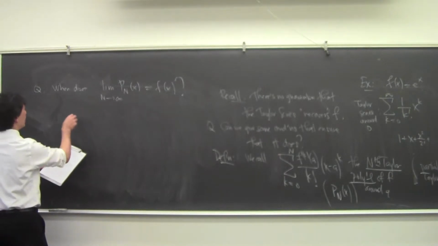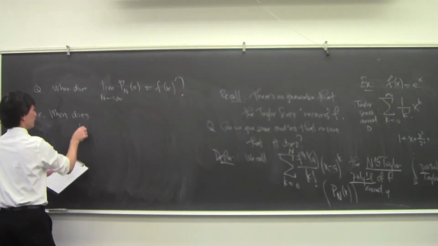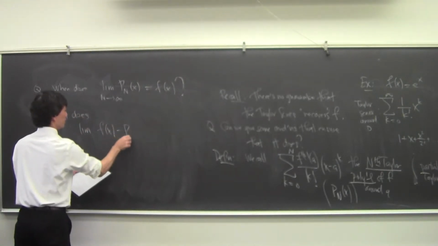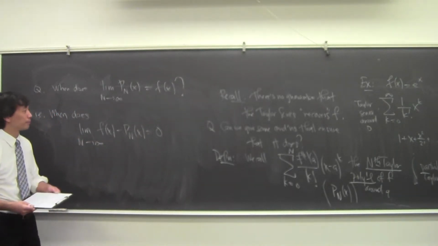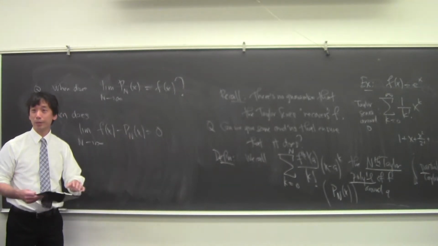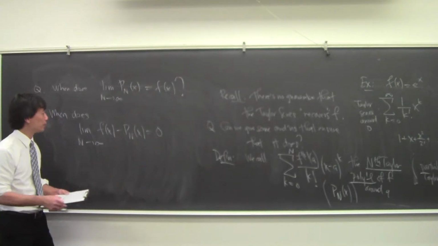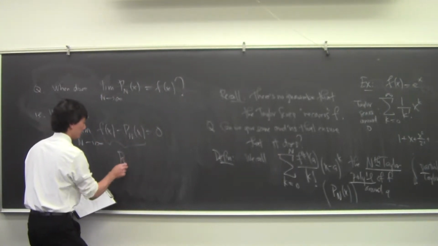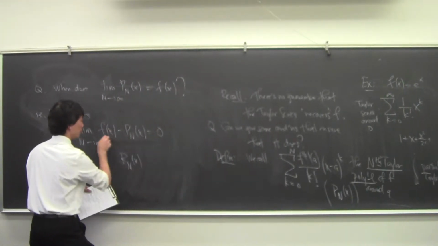So let me rewrite that. When does the limit of the function minus the partial sum go to 0? When does the difference go to 0? We call this thing, this difference, the remainder, R sub n.